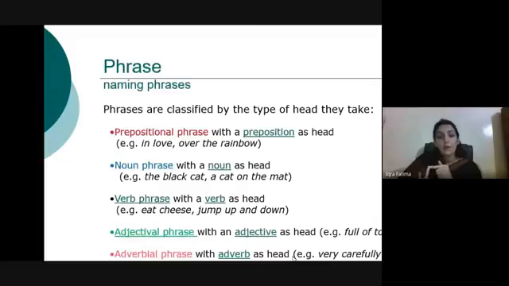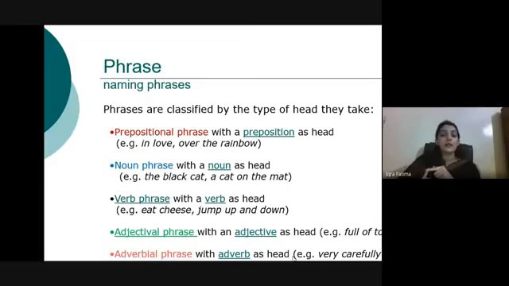You can ask the same questions which I taught you to identify the parts of speech. If the phrase is giving you the answer of what, who, or whom, that phrase is a noun phrase.